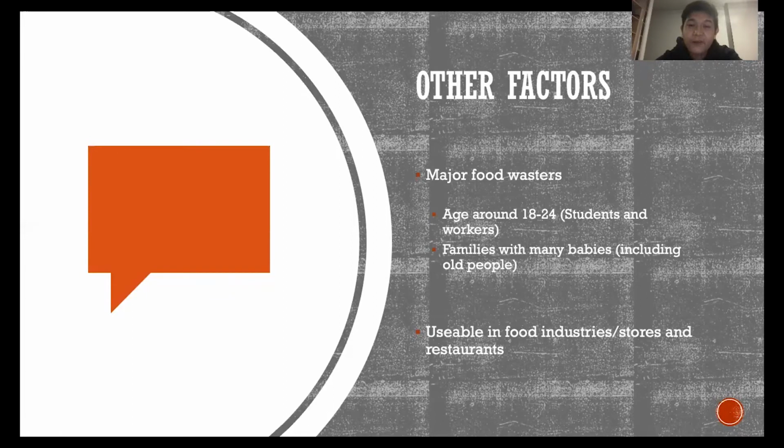Another group is families with many children, who are busy with their children and forget what they bought and put in the fridge, and it can expire too. Our product is not only for household use, but also for the food industry, such as restaurants and stores, because they also need to sell products clean and fresh.